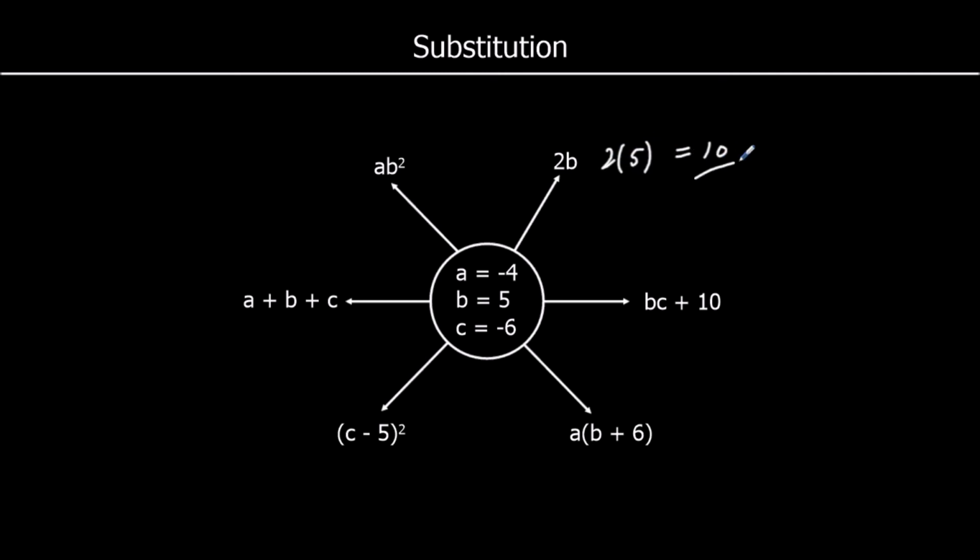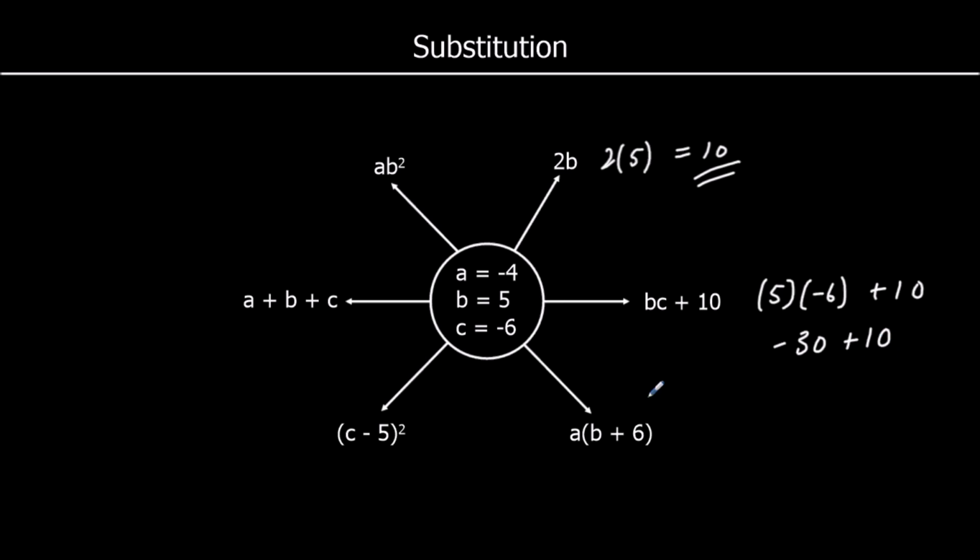And that is 10. bc plus 10. So b times c is 5 times -6 plus 10. 5 -6s make -30. A positive times a negative is negative. So we've got -30 plus 10.